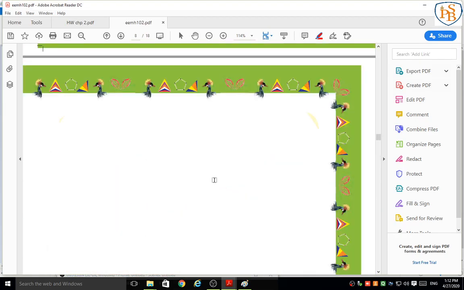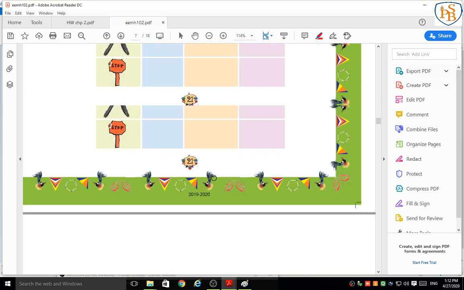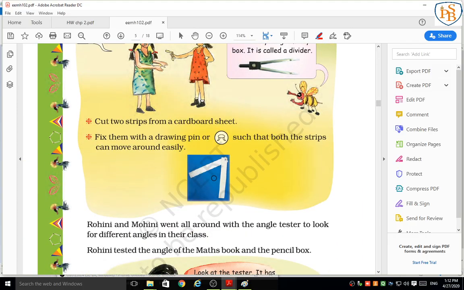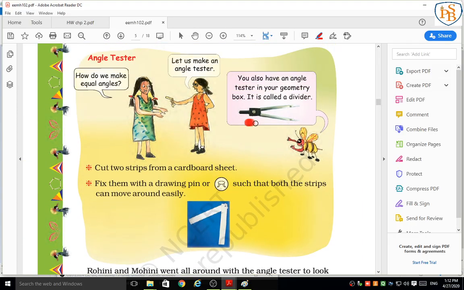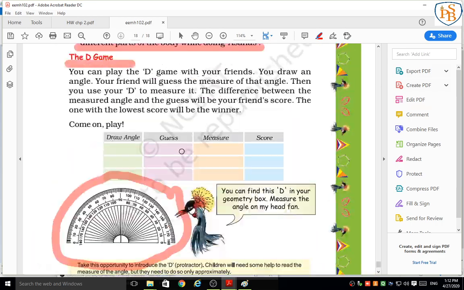Wait a minute, students, I will show you. Angle tester. Here, divider, correct? This divider also we made by using paper. And what is the use of that divider? Correct, very good. Now come to our last point, the D game.